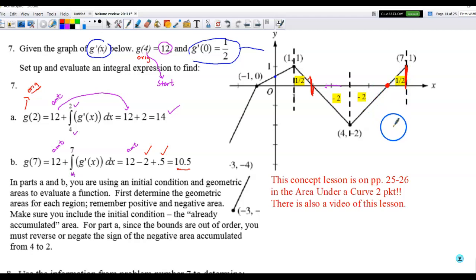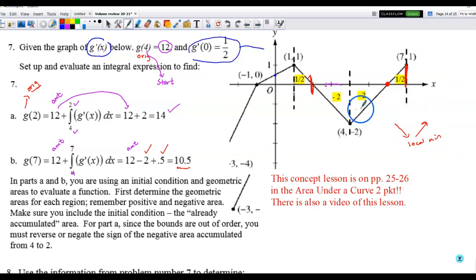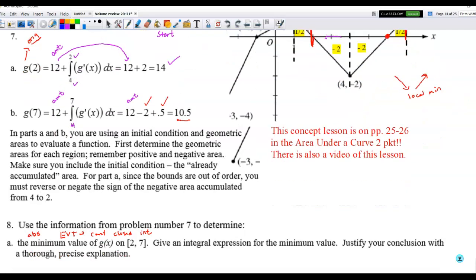So if g prime changes from negative to positive, that means that g original changes from a decrease to an increase. So far, I can tell you that there is a local minimum at g of 6. But it's also the absolute minimum. We can see that as well because we're going from endpoint to endpoint.